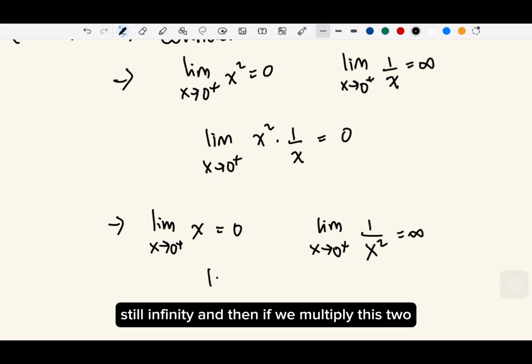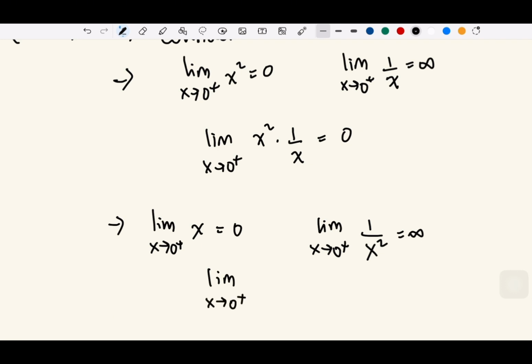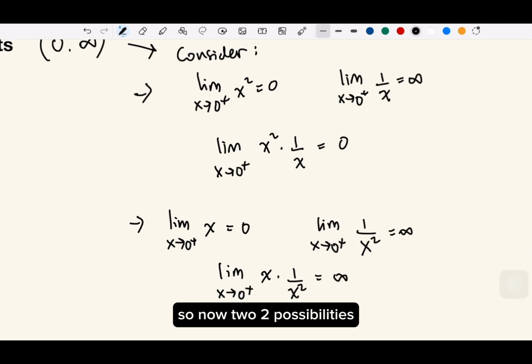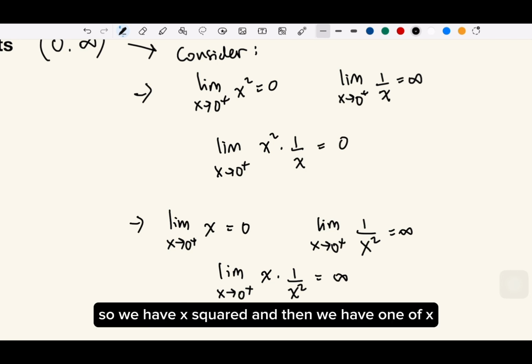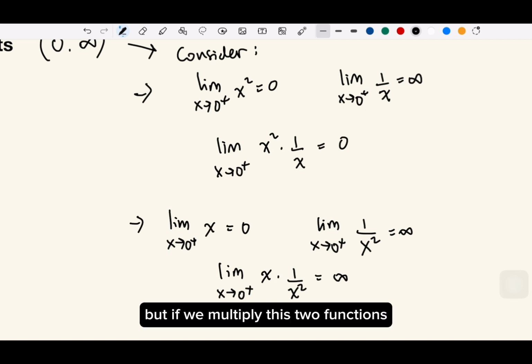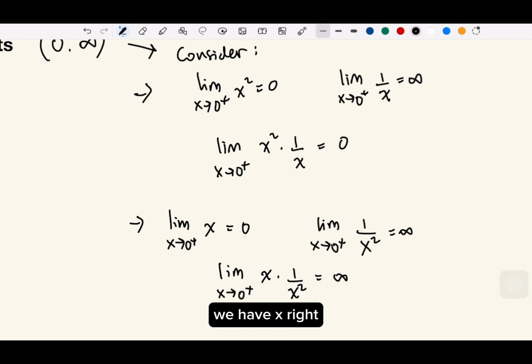And if we multiply these two, this becomes infinite. So there are two possibilities. We have x squared and 1 over x, both are 0 and infinity. But if we multiply these two functions, x squared and 1 over x, we have x, which turns out to be 0.